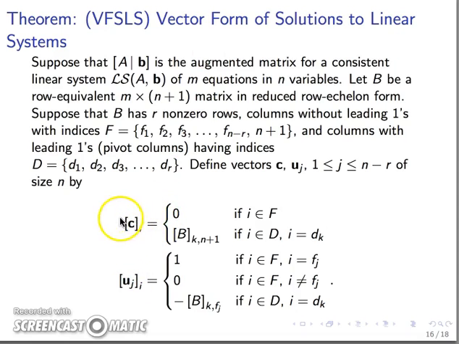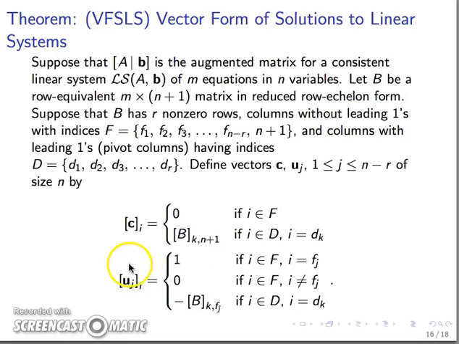There's the so-called fixed vector, and that vector will contain zeros on entries corresponding to indices of free variables, and then it will contain the values on the last column of the RREF.